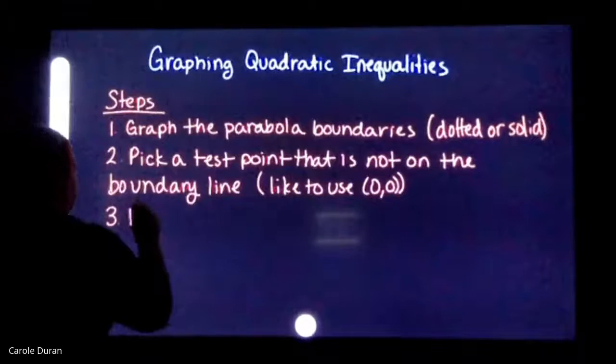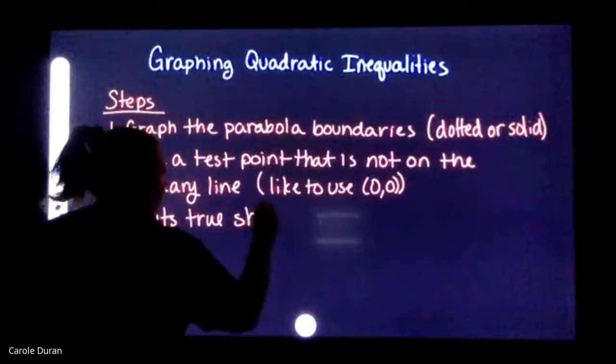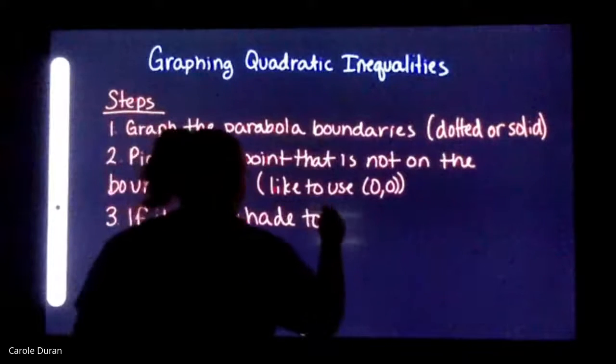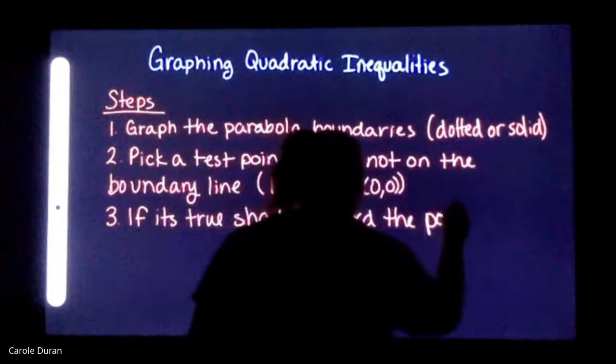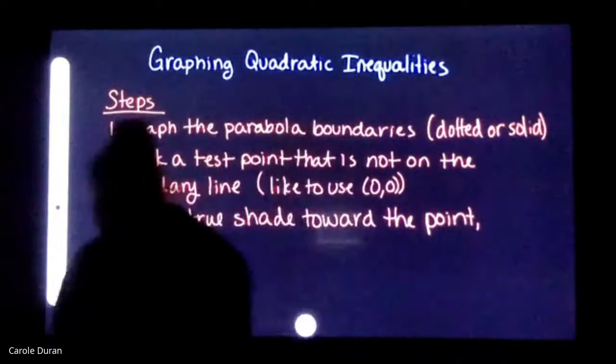If it is not true, then we shade the side that doesn't include 0, 0. So if it's true, we shade toward the point. If it's not, we shade away.